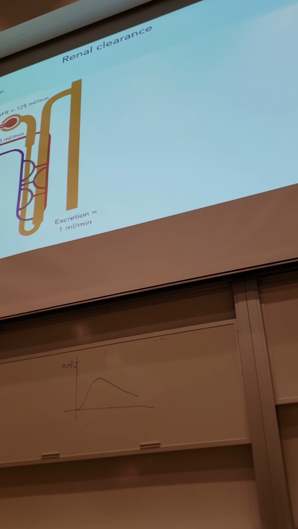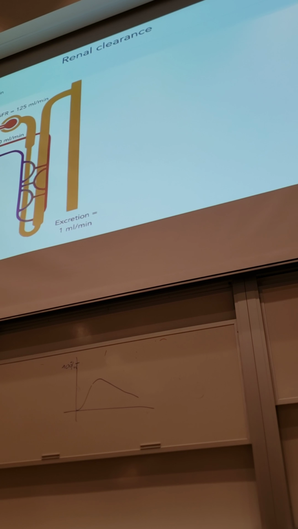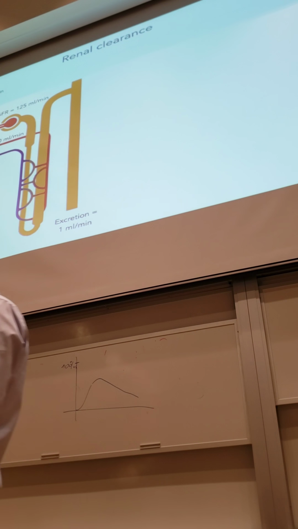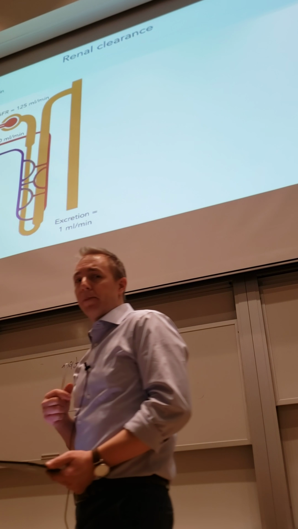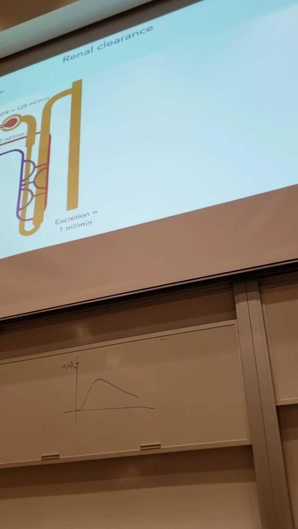So we're taking blood plasma and moving it into the nephron. And then over time, most of that blood plasma is reabsorbed. Reabsorb most of the water. We excrete maybe a milliliter per minute. Very small amount.